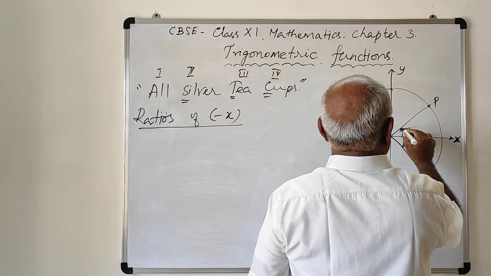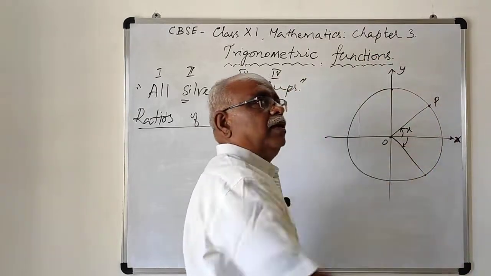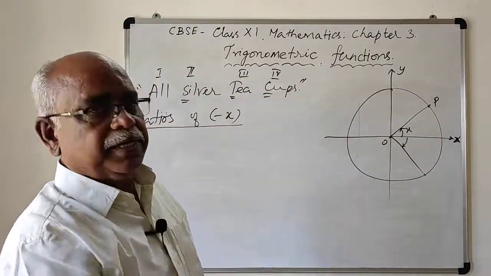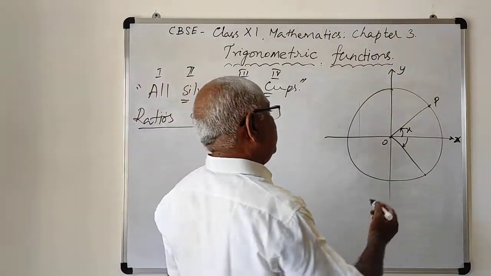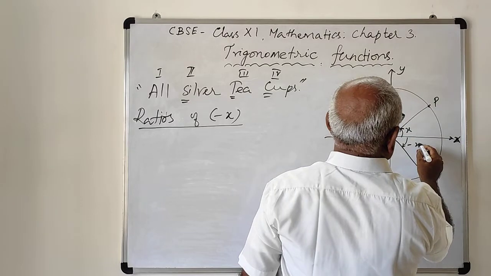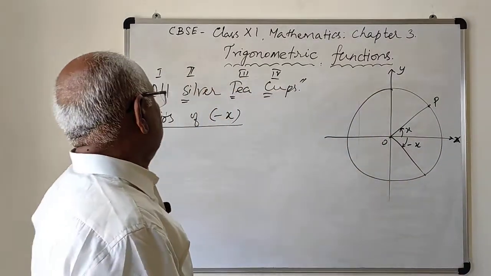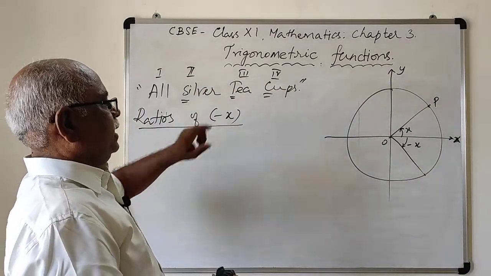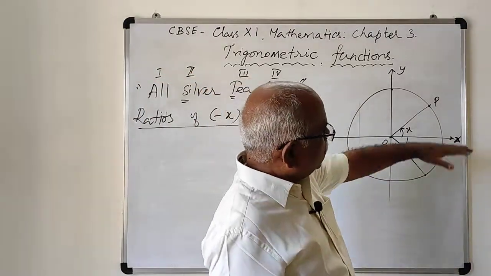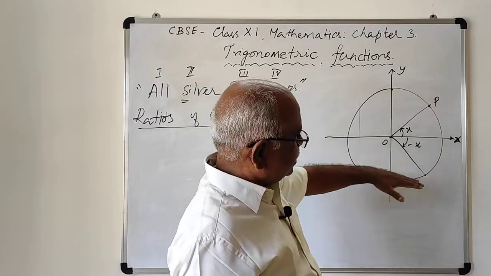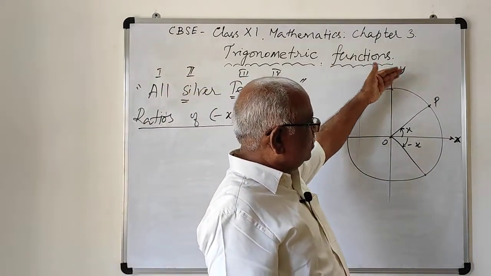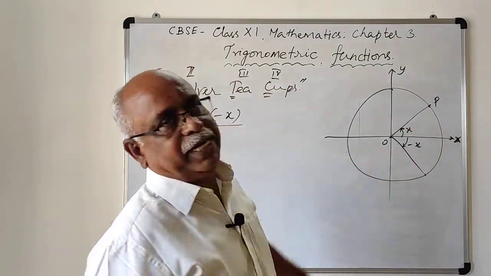See, in the anti-clockwise direction, the angle is always represented by positive. In the clockwise direction, the angle always represents the negative sign. So this is minus x. So we have to find out the ratios of minus x. Minus x is in the fourth quadrant. I already told you, angles measured along the anti-clockwise direction are positive, and angles measured in the clockwise direction are negative.